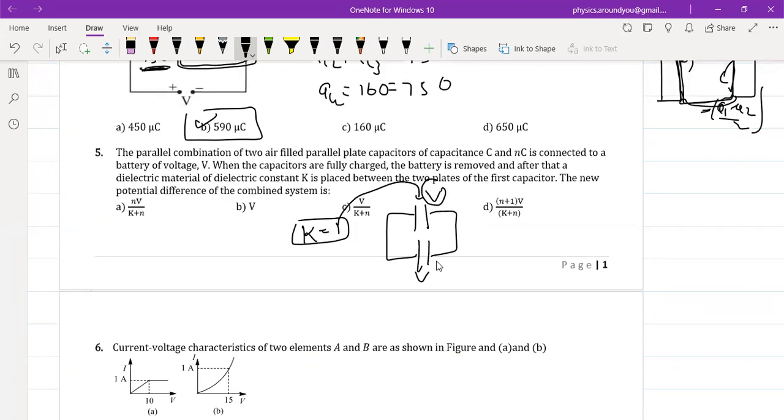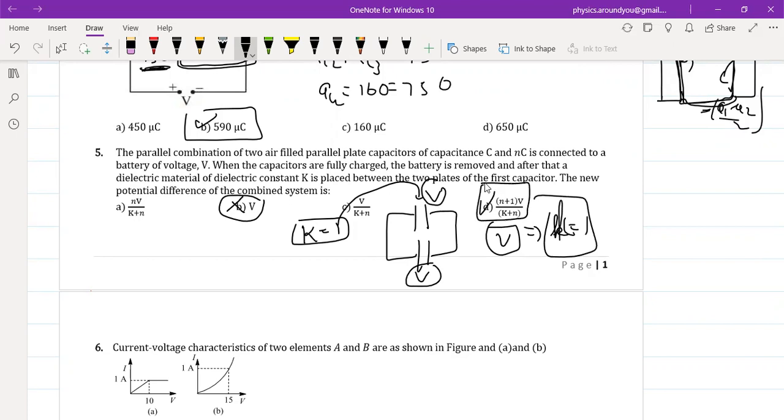So the initial voltage will not change if I put K equal to 1. Of the options, I will eliminate B because it says it's V throughout. Which between A, C and D will give V when I put K equal to 1? That shall only and only be D. Hence, the new potential difference of the system should give you D.